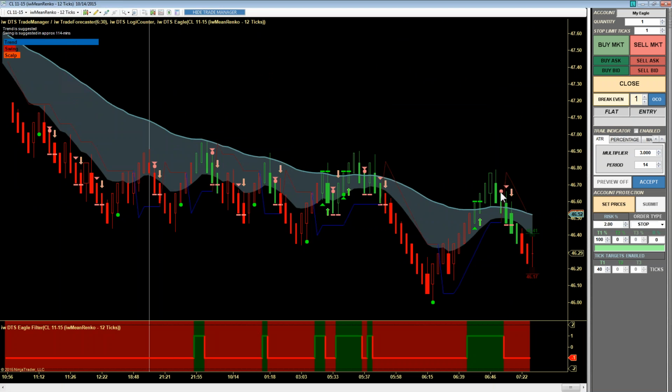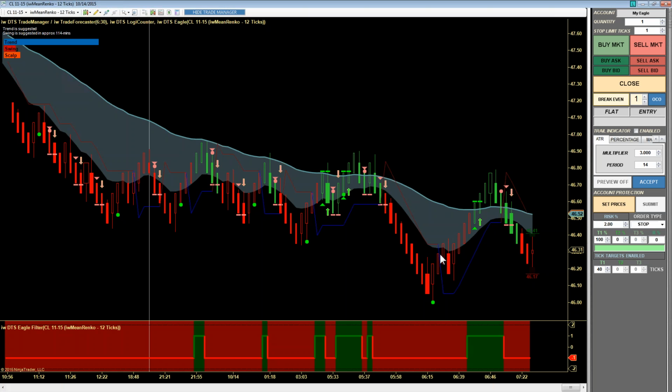If not, it's just the way the programming prints the bars. There are certain parameters that have to be met for a bar to print red or green. And the reason the green bar cell is such a powerful signal on the eagle is, look at what it's telling you.